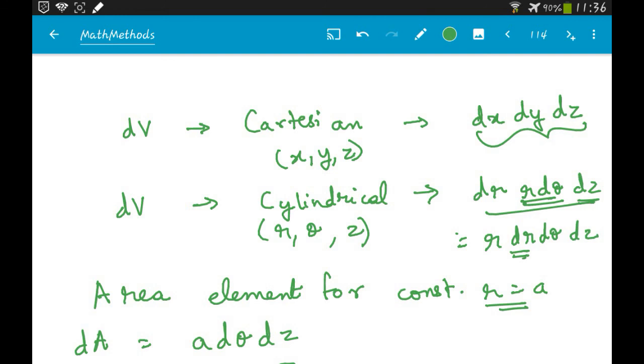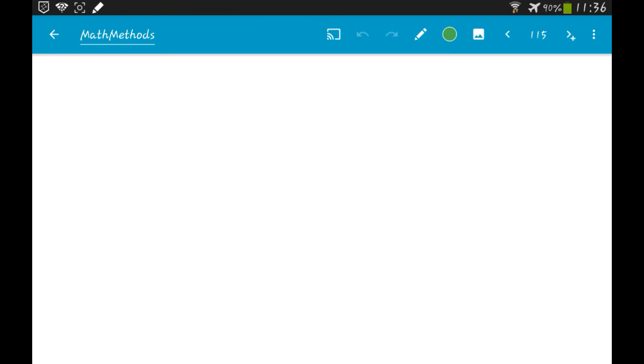All right. Now let's do one more coordinate system, which is very common: the spherical coordinate system.